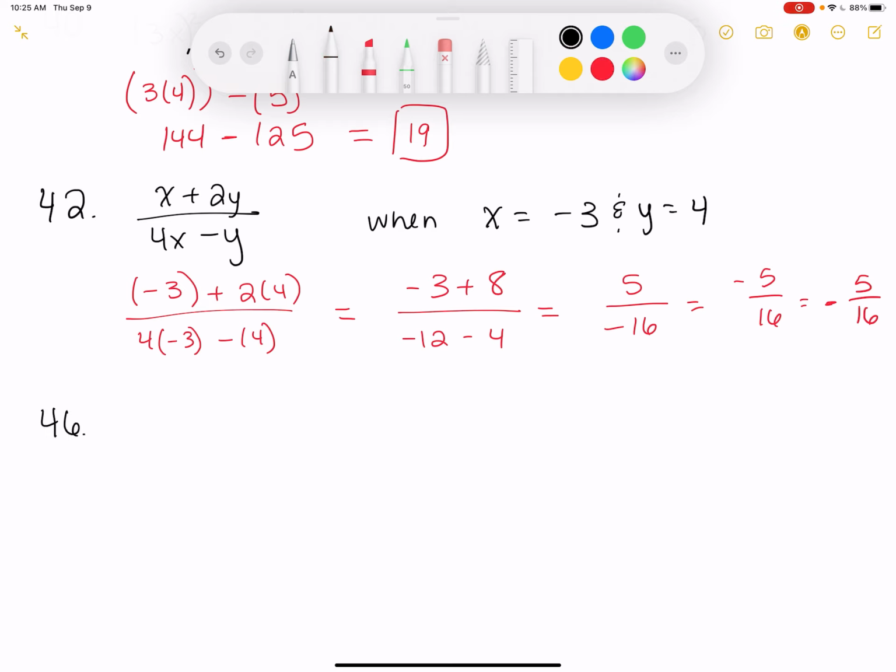All the time. All right, the last little section here says to simplify the expression, so it's kind of back to what we were doing, just combining like terms. It's just given to you with two variables. So we've got p cubed plus 3q squared minus q plus 3p cubed.